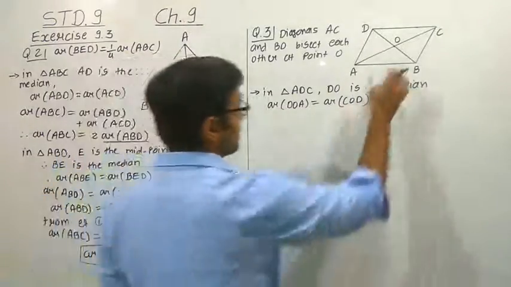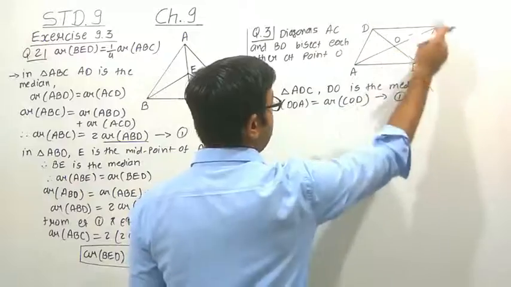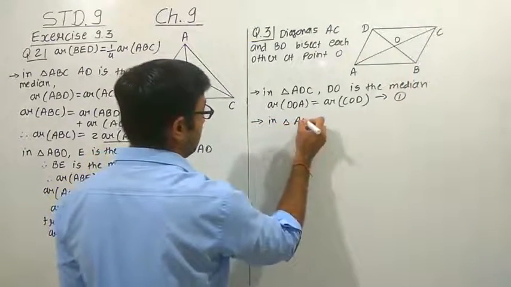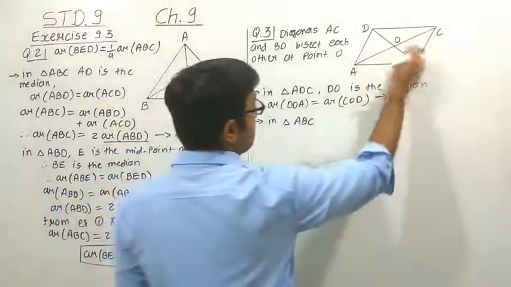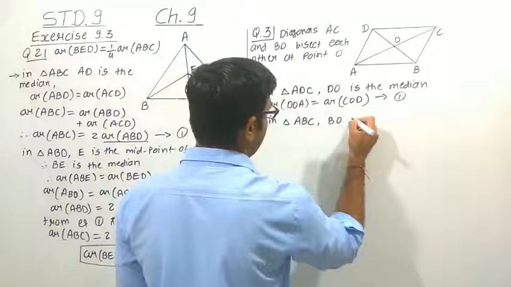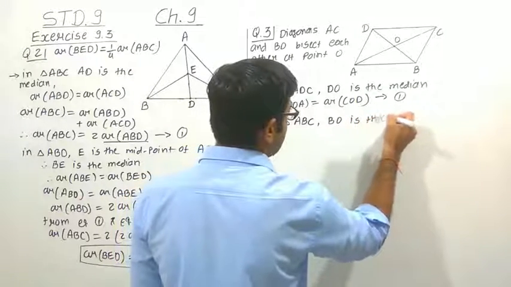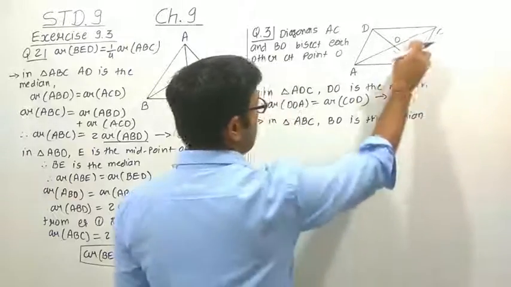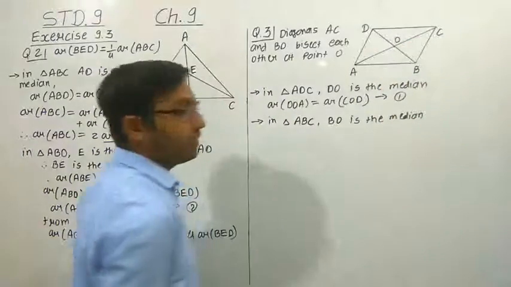Now if we consider this triangle ABC, here also in triangle ABC, this BO will become the median. So BO is the median. As BO is the median, again these two triangles have equal areas.